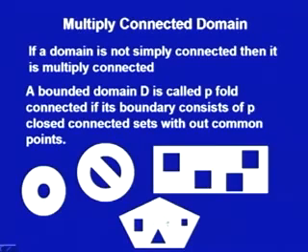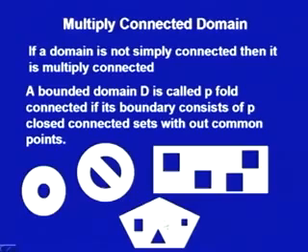If it is a bounded domain, we will call it P connected if it has P minus 1 holes. So, doubly connected has 1 hole, triply connected 2 holes, 4 connected 3 holes, 5 connected 4 holes. So, if it has P minus 1 holes, then we call it P connected. So, this is the definition of a multiply connected domain.